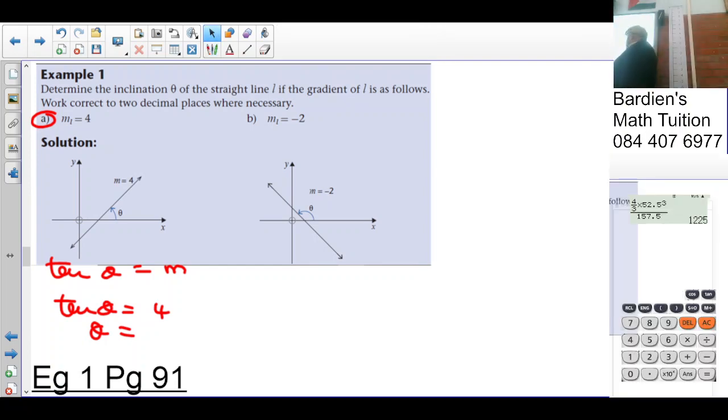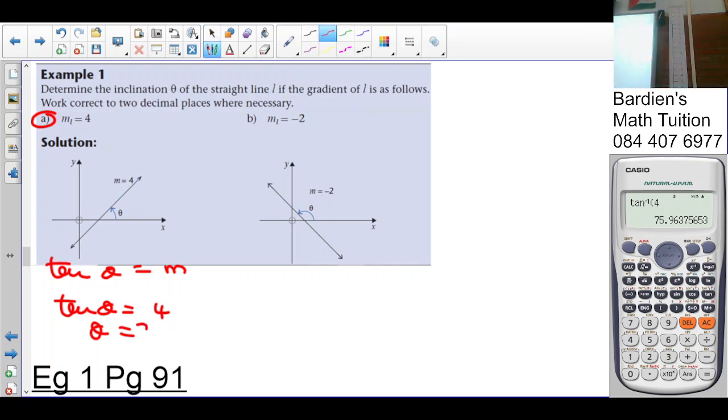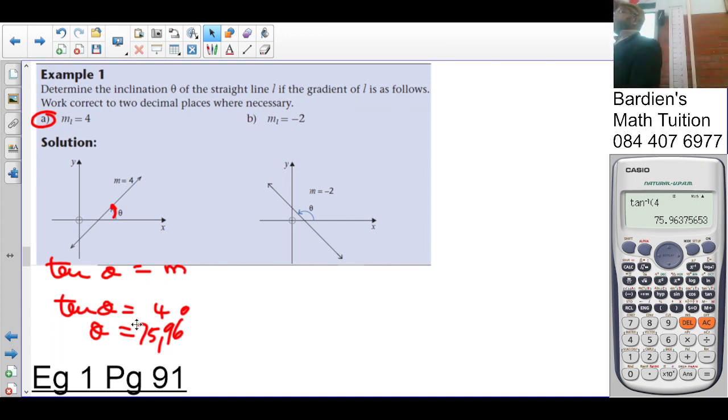Shift tan, or arctan, of 4 gives 75 comma 96 degrees. Do you all agree with that? Any confusion? So that angle we have just worked out was that angle. You all okay with that?